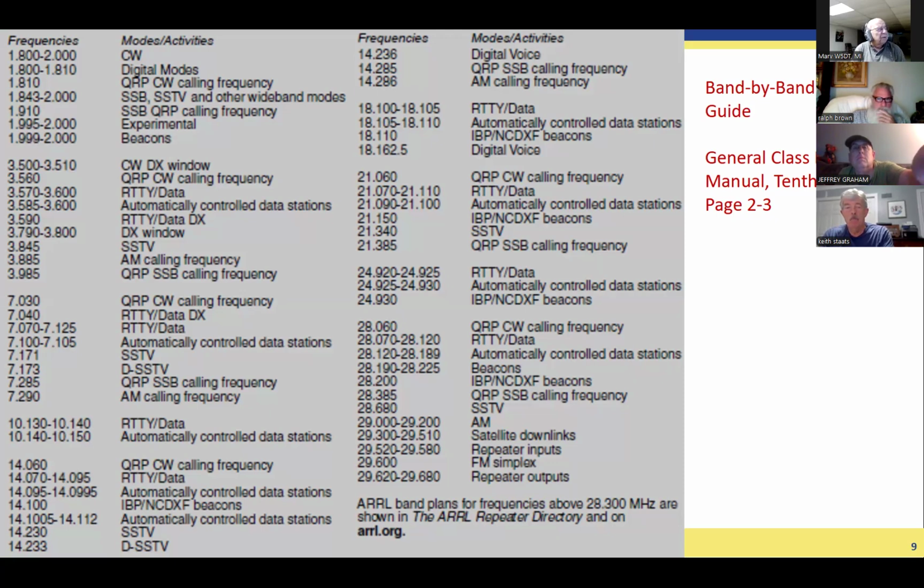For example, there's a DX window on 3500 to 3510. The same way on 40 meters, from 7.000 to 7.010, 7.020. There's a QRP CW calling frequency at 7.030.